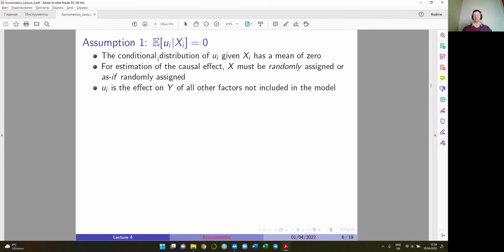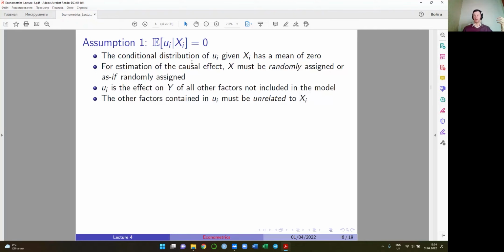So what is U? Basically, U is the effect on Y of all other factors that are not included in the model. And what does this condition mean? The conditional mean of U given X is 0. It means that all other factors contained in U must be unrelated to X. So there is no relationship between X and all other factors that are not included in the model.